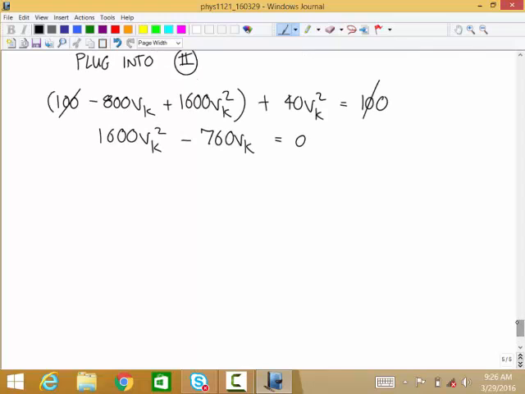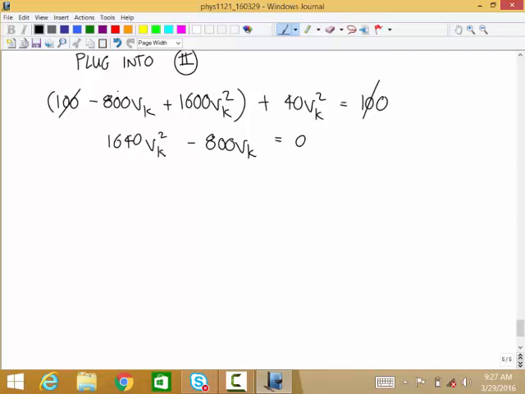Is that wrong? I think it's 1640 VK squared and negative 800 VK. Thank you. Okay, 1640 VK squared minus 800 VK. You could always solve this by quadratic formula.